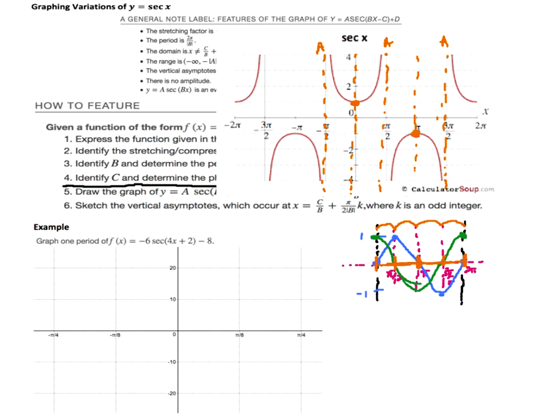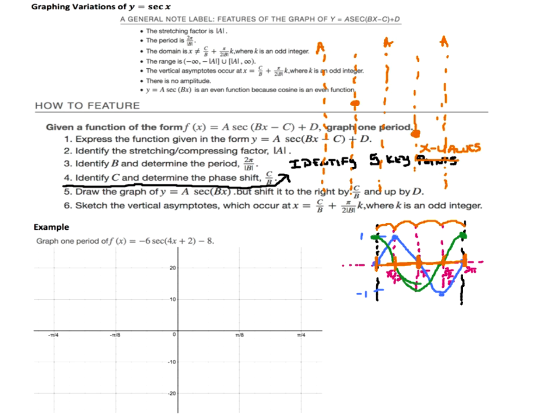Secant in its parent form, where it has not been reflected, is going to open upward first, so it's an open U shape, opening upward, starting at negative pi over 2 and going to pi over 2, and then I have the reflection of that across the x-axis. So let's go ahead and move forward with finding the necessary information that we need to graph.